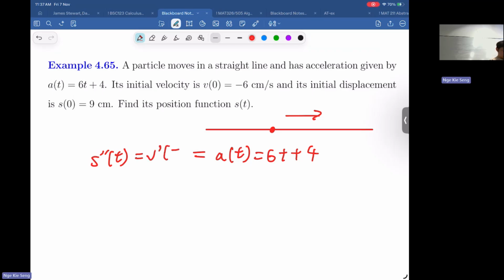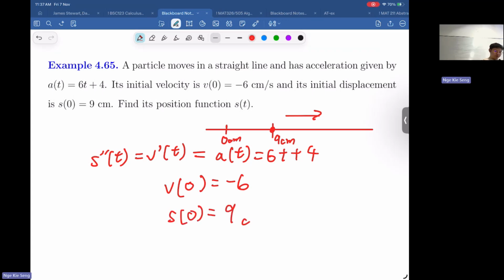We have met this a lot. The initial velocity is v0 equals minus 6, so it's in the different direction. And its initial displacement is s0 equals 9 cm. So you start at 9 cm here, maybe 0 cm here.